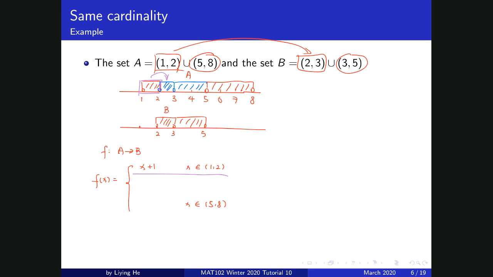Anyone has any idea? How do we map from 5, 8 to 3, 5? Basically, I want you to map this to this.